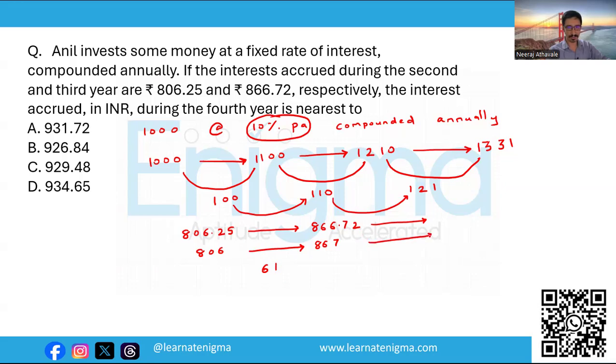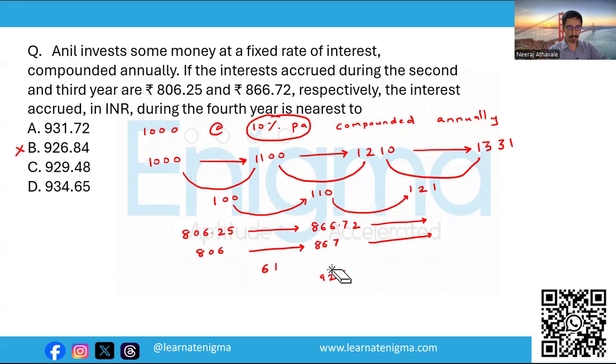Now remember that there will be at least an increase of 61 here, right? So if you add 61 over here, you will get the minimum value. So 867 plus 61 gives us 928. So we can be sure that option B will not be there for sure.